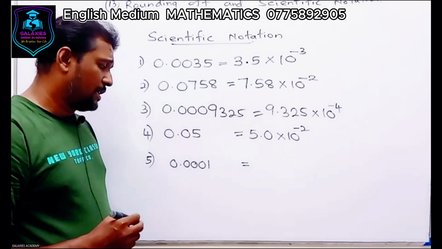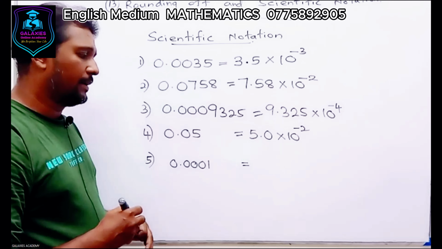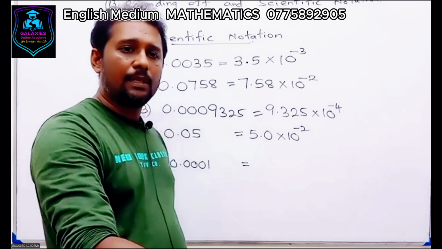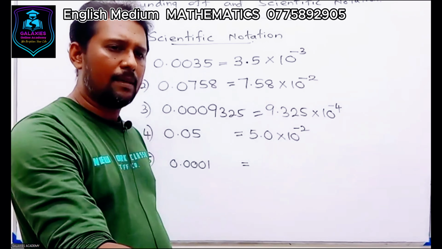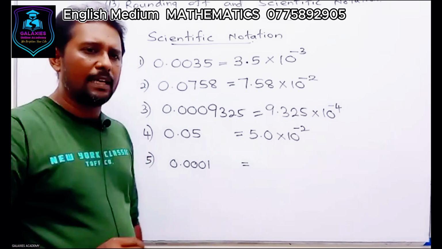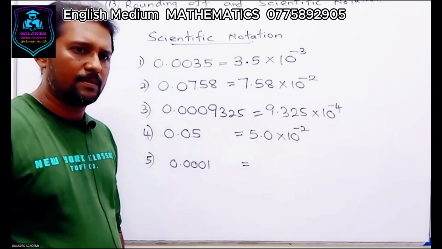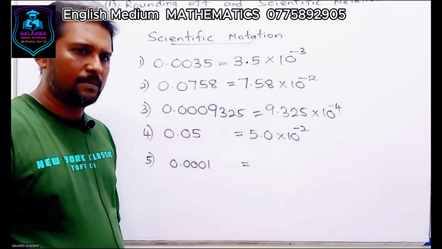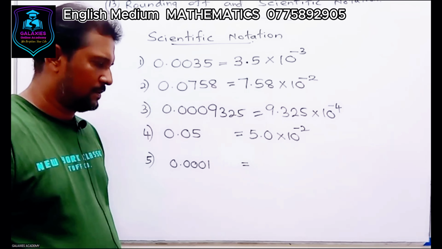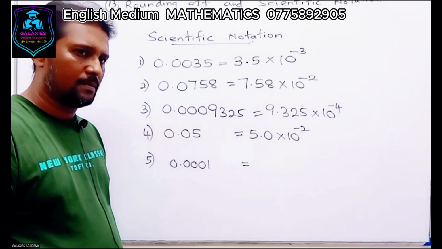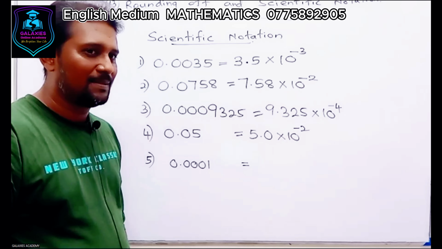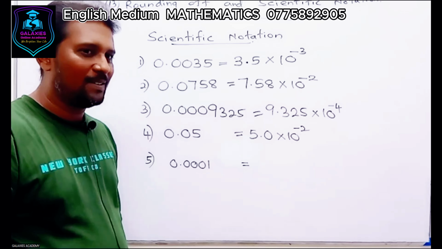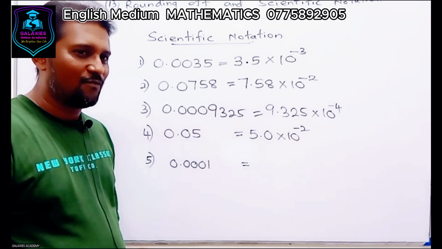Right, last one, 0.0001. Can you give the answer of this one, Seya? What is the scientific notation? 1.0 multiply 10 to the power 4.